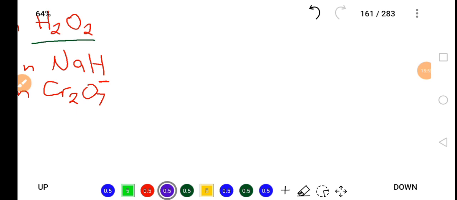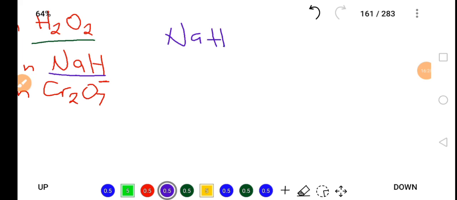Again, there was a rule which was talking about this, which was saying the oxidation number of hydrogen in all the compounds except for metallic hydrides is positive 1. Meaning, in metallic hydrides, it should be something else. Let us prove that. So, we are going to say sodium hydride. Sodium is a metal.